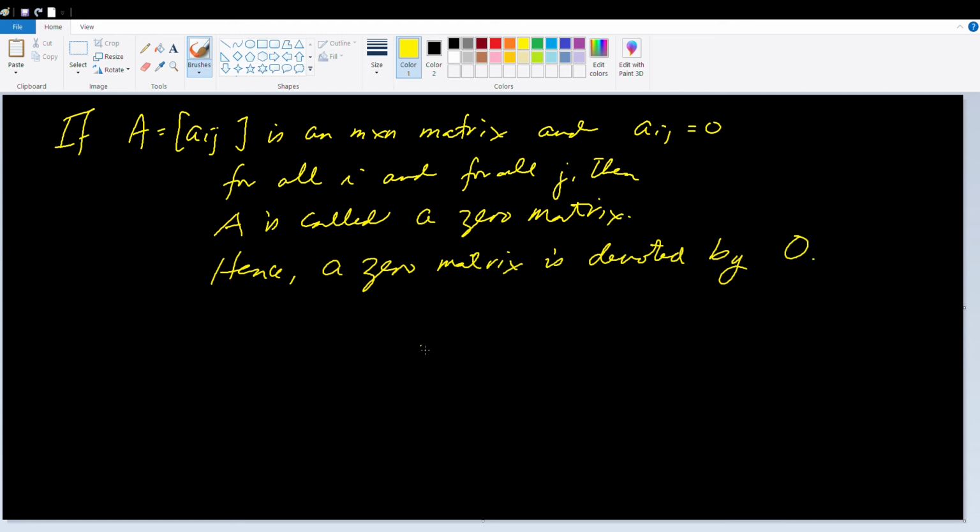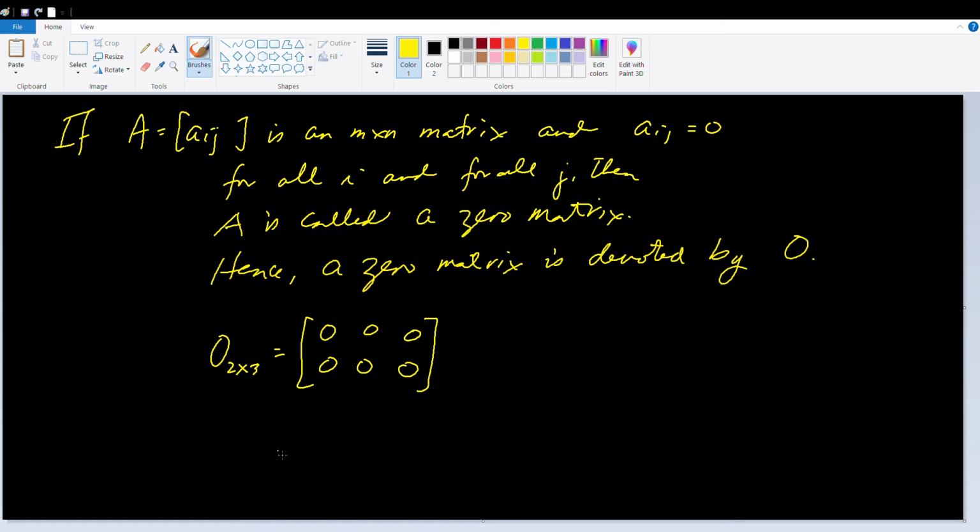Okay, so if A is a 2 by 3 matrix where all the elements are 0, then it has 2 rows and 3 columns of zeros. So there are several zero matrices. The size of the zero matrix may vary from 1 by 1 to any size m by n.